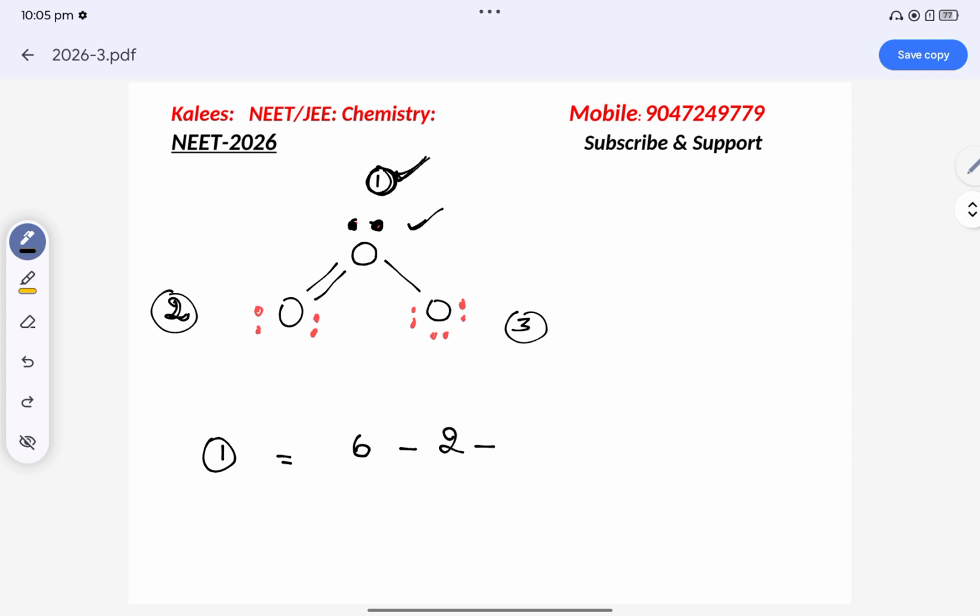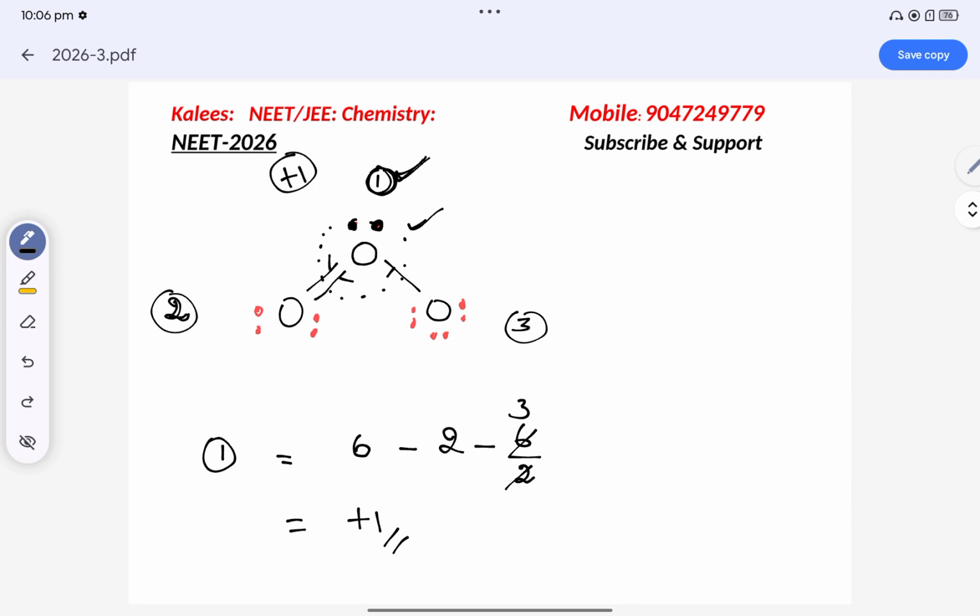The number of bond pair electrons means how many bonds are around this oxygen atom: 1, 2, 3. So 3 bonds, totally 6 electrons, divided by 2. Clear? So for case 1 we get a charge of plus 1.